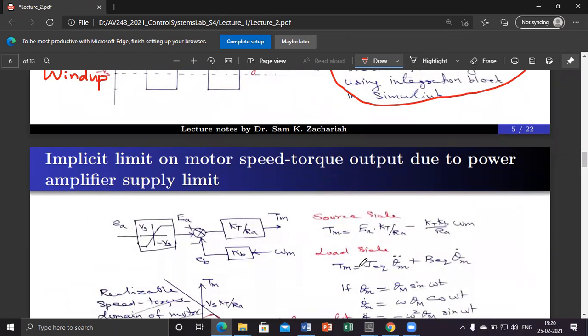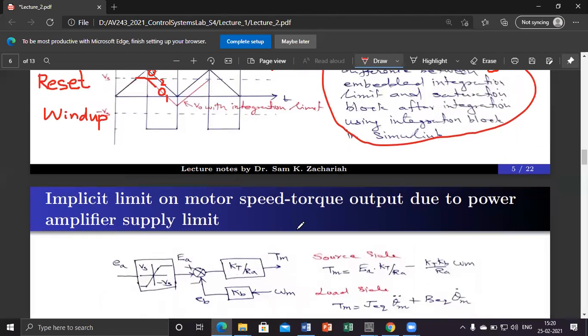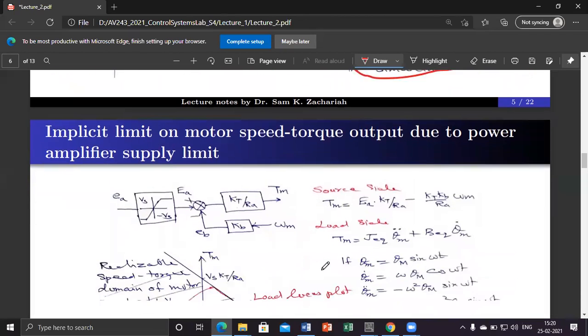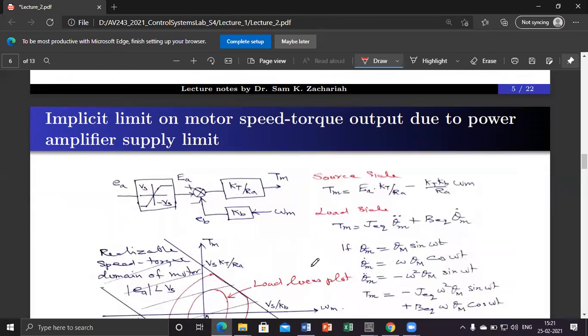Okay, can I go to the next portion? That is the implicit limit on motor speed and torque output due to the power amplifier supply voltage. We are going into the system dynamics also. Dynamics means the motor part also, so it is not only the pure electronics part, it is electronics plus the motor portion.